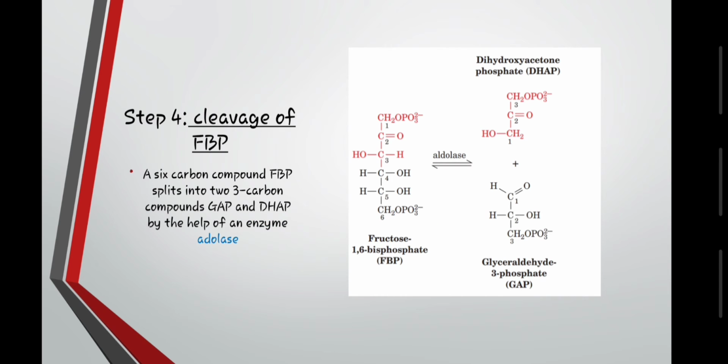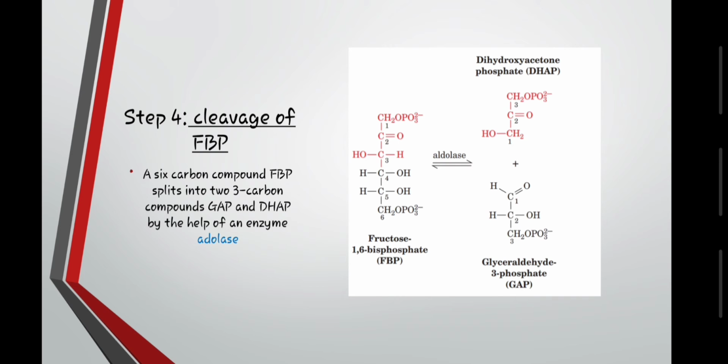The fourth reaction involves the cleavage of fructose 1,6-bisphosphate. So we have a 6-carbon compound, which is split into 2 3-carbon compounds called glyceraldehyde 3-phosphate and dihydroxyacetone phosphate.